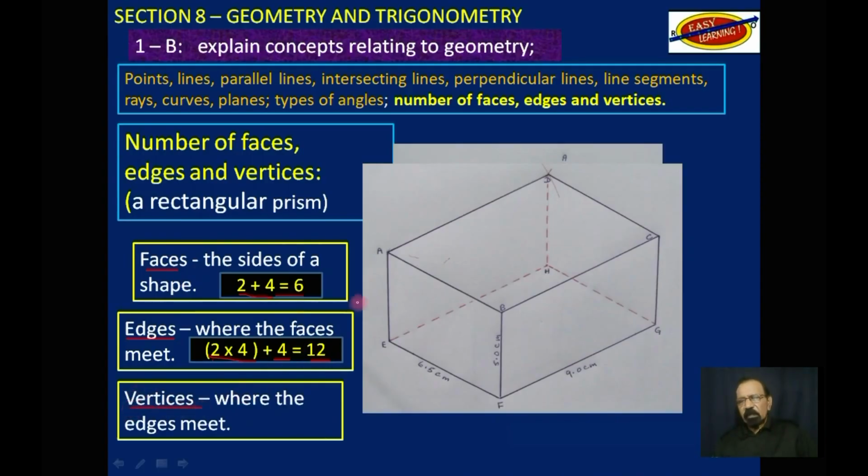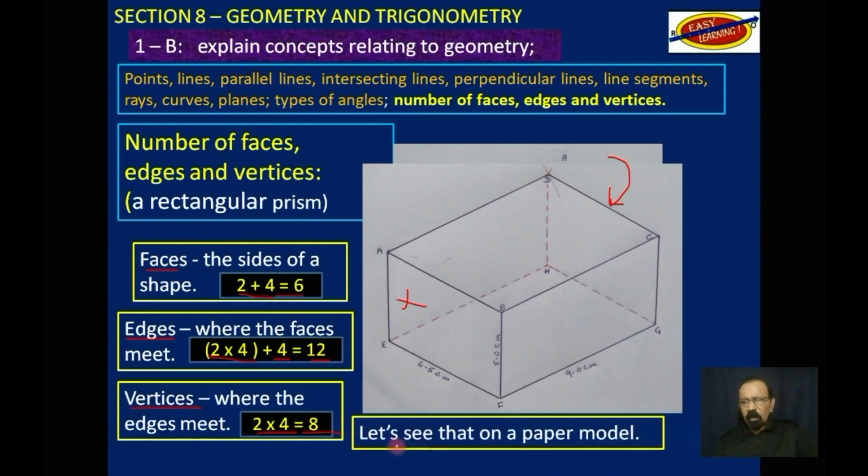Vertices, we just deal with the end faces. This rectangle here to the end has 4. That rectangle to the other end there has 4 more. So that will be 2 times 4, which would give us 8 vertices. Let's see that as a paper model.